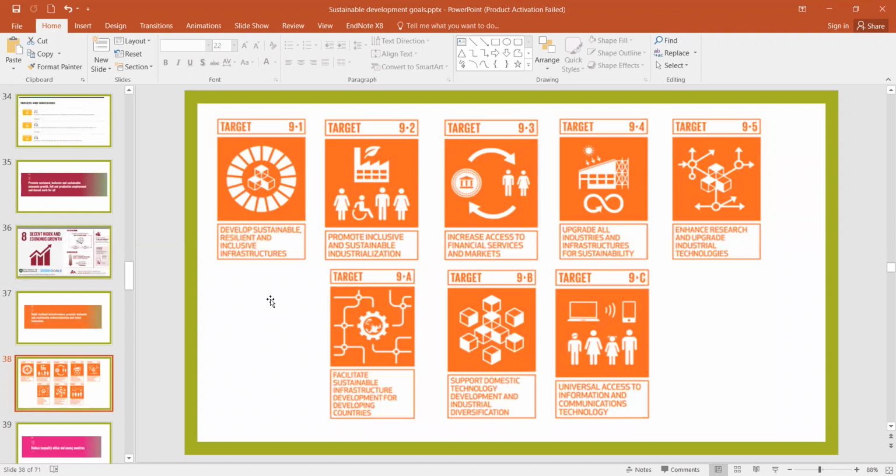Number 1, develop sustainable, resilient, and inclusive infrastructure, promote inclusive and sustainable industrialization, increase access to financial services and markets, upgrade all industries and infrastructure for sustainability, enhance research and upgrade industrial technologies, facilitate sustainable infrastructure development for developing countries, support domestic technology development and industrial diversification, and universal access to information and communication technology.